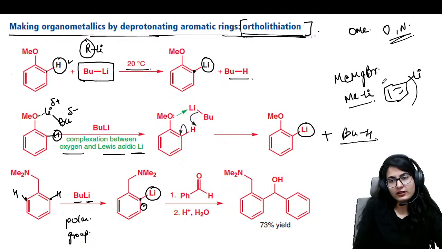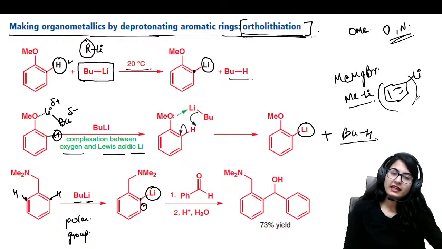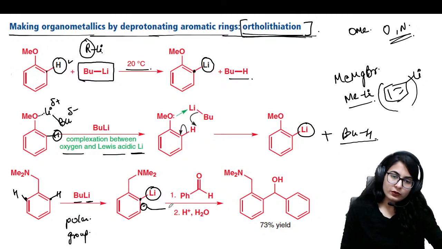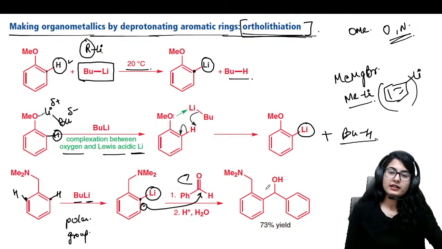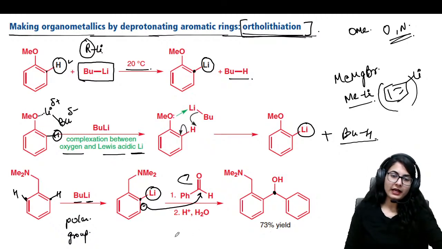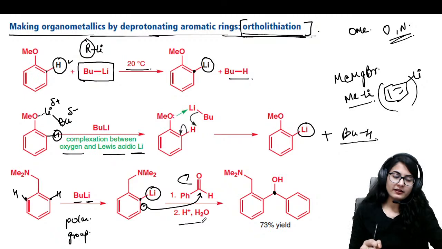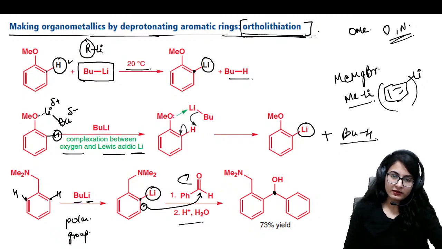This moiety is going to have a negative charge and it could attack over a carbonyl to give you an addition product like this. See what you got. You got an alcohol after the aqueous acidic workup. Okay, very good. All right. So this is your very simple reaction, ortholithiation.